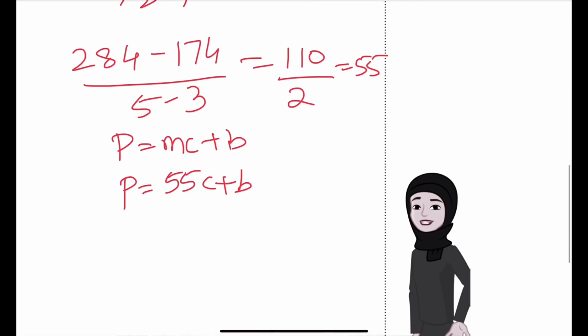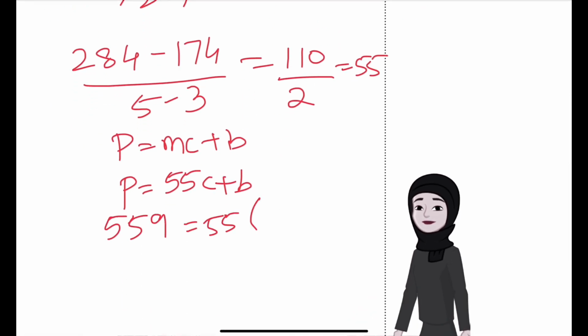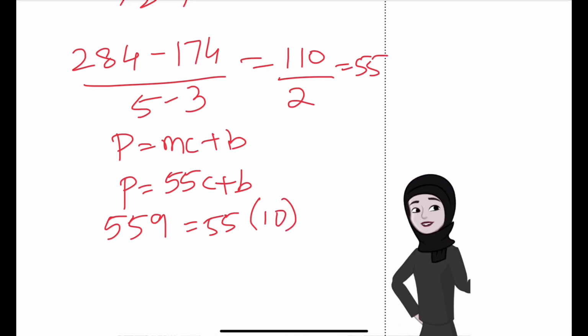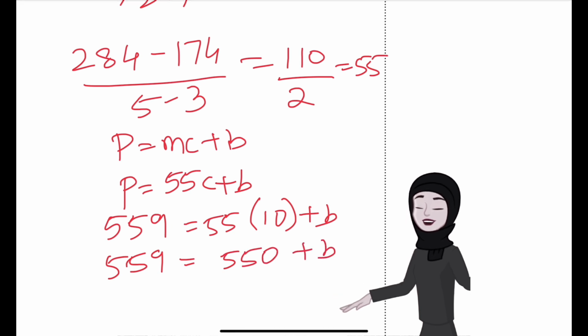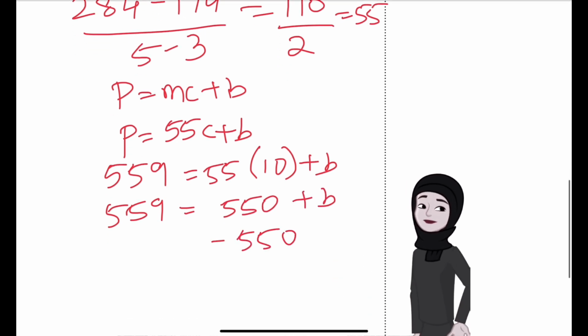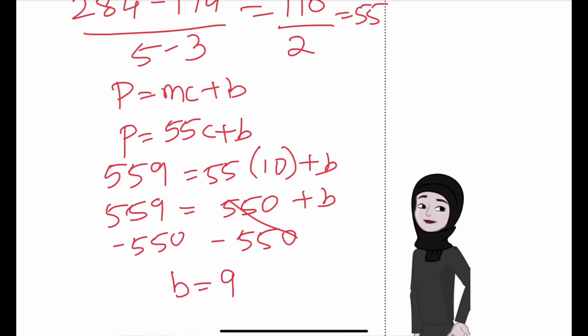You can use any, but let's use this one. So we will get 559 is equal to 55 times 10 plus b. So 559 is equal to 550 plus b. Then subtract 550 on both sides. So we will get b to be equal to 9.